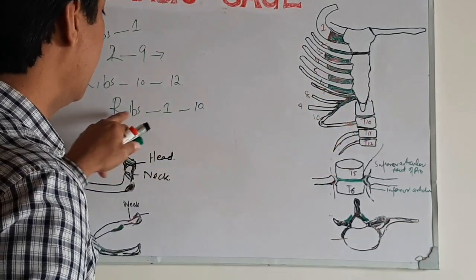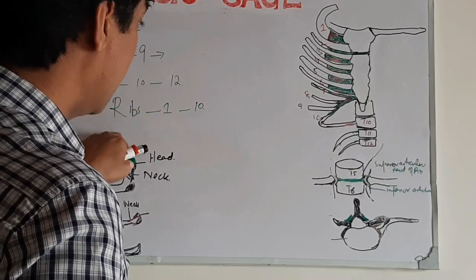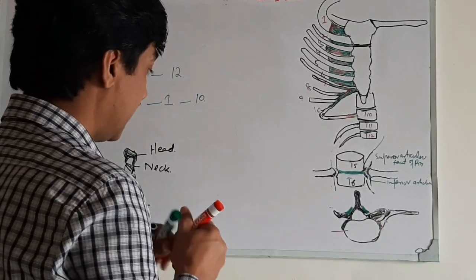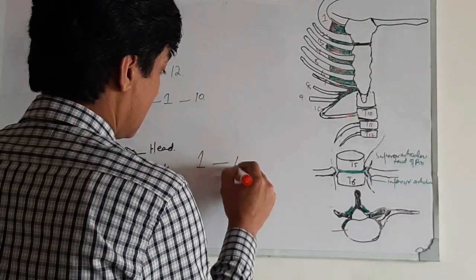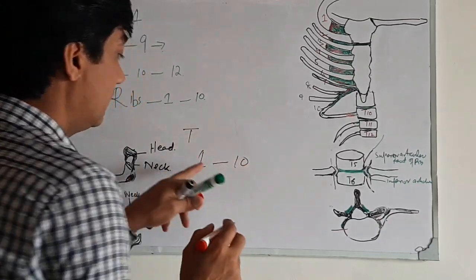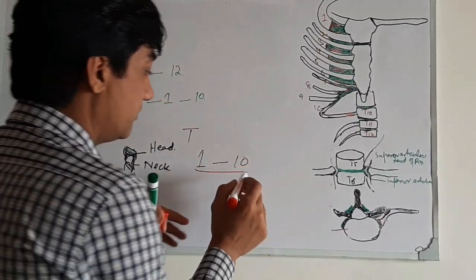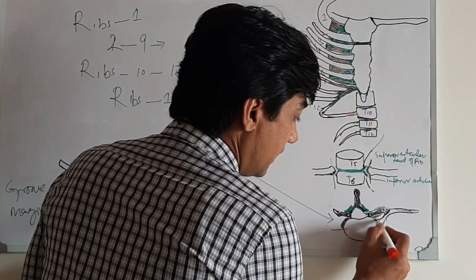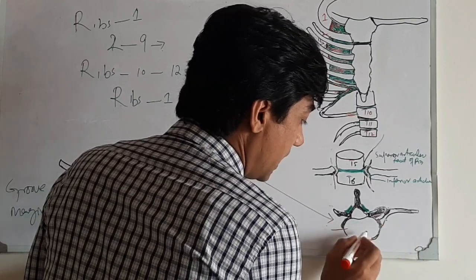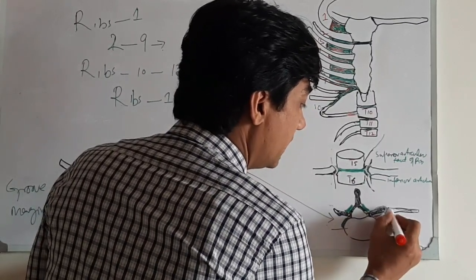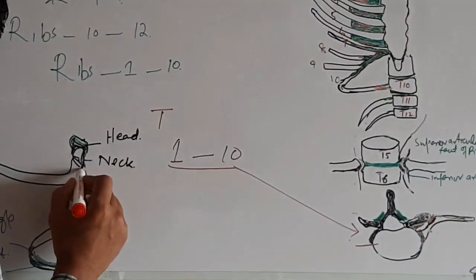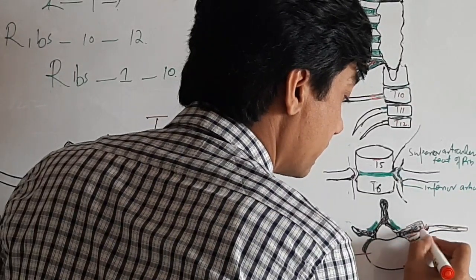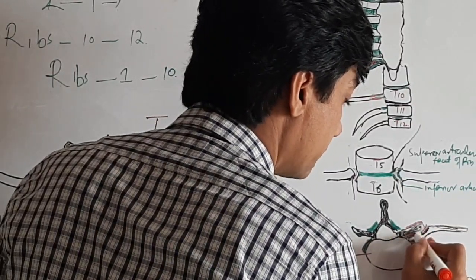This is the second attachment. This only happens in ribs 1 to 10. Thoracic 1 to 10 have the double attachment. You can see the first attachment is the head of the rib attached with the body of the thoracic vertebra, and the second attachment is the tubercle, the part of the rib, attached with the costal facet of the transverse process of the thoracic vertebra.